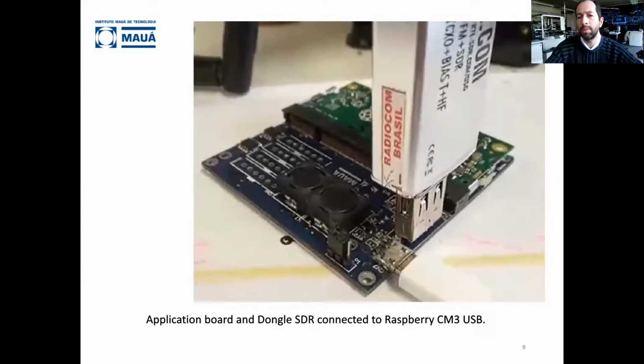And it's simple because we can put Linux in a Raspberry, and the driver is a commercial driver for the dongle, and this is easy to create a simple data logger, for example.